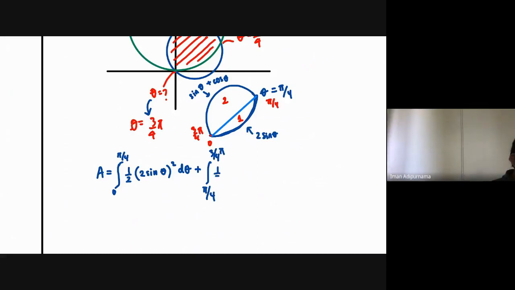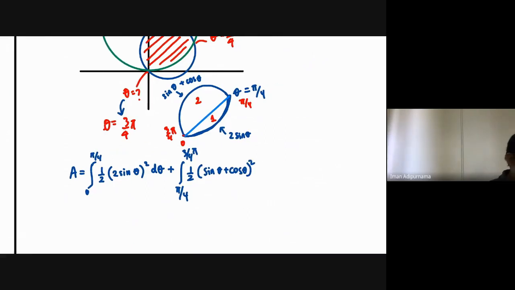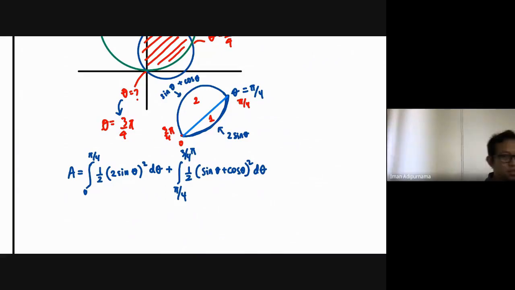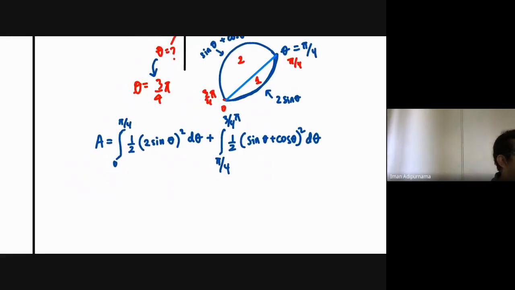And that will be half, and then sine theta plus cosine theta squared d theta. Okay, now for calculation, it's really nice.